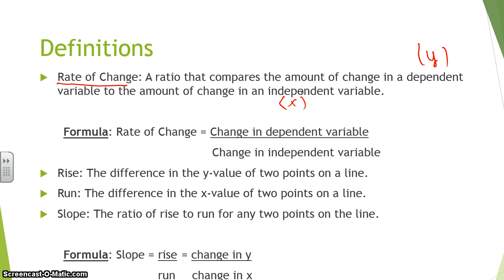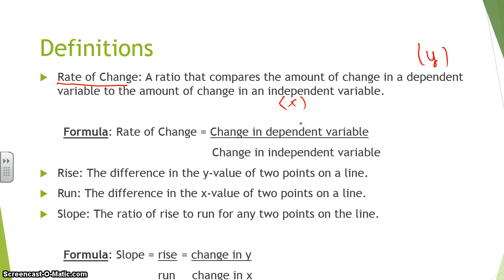So there is a formula working with rate of change where you have your change in your dependent variable over your change in your independent variable. Change in dependent variable means you're going to be subtracting your y's, and change in independent variable means you're going to subtract your x values.